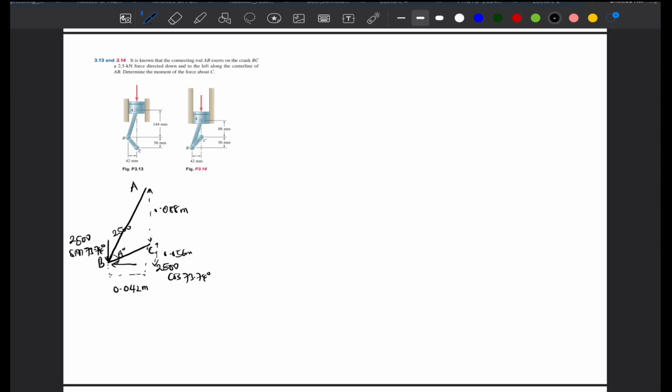So we're going to calculate our moment, which is R times F. So we're going to take a look at the vertical component. So we draw our free body diagram again. And the force acting vertically here.